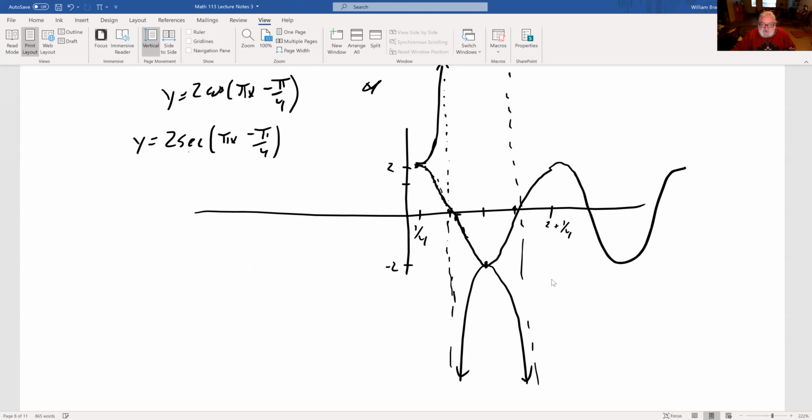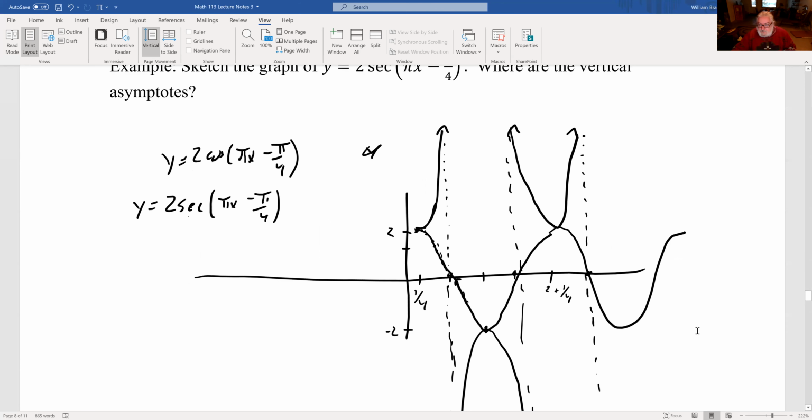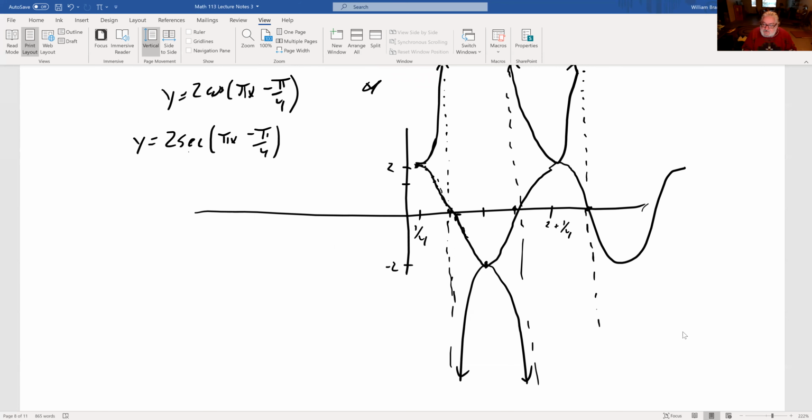So the graph of secant, every time you've got a 0, an x-intercept for your cosine function, you'll have a vertical asymptote for your secant. The secant will come down, touch it at the maximum, and just go back up. If your graph is below the x-axis, you still have vertical asymptotes, and the graph of your secant will come up to touch that and go back down.